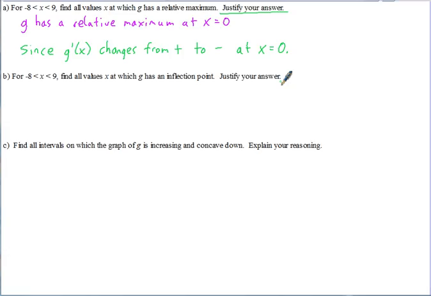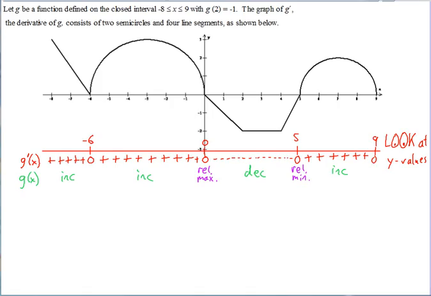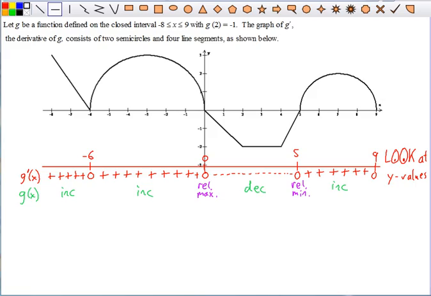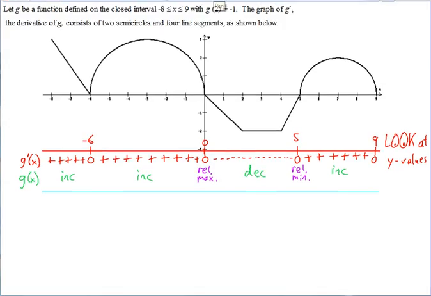So let's go back to our graph here and draw another number line right underneath this for the second derivative, g double prime of x. And again, when you have the graph of the first derivative, remember the second derivative is the slope of the first derivative. So that's what we're going to be looking at, is the slope.